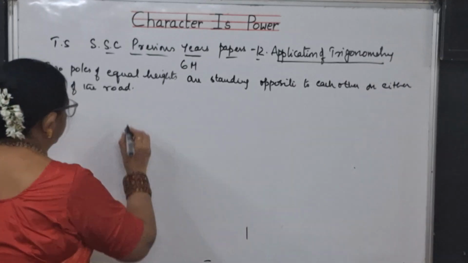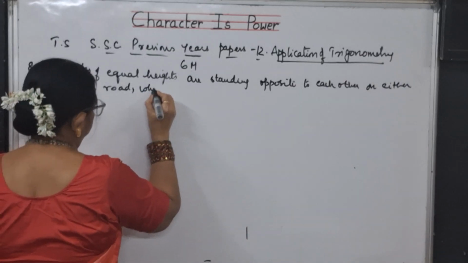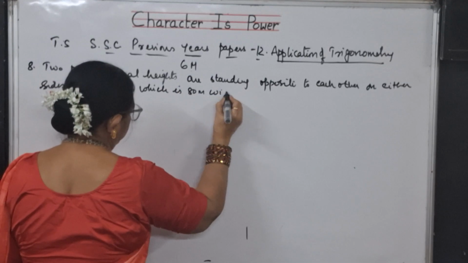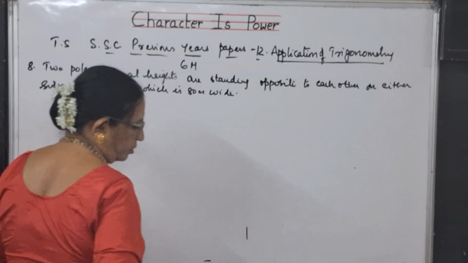Which is 80 meters wide. That means the width of the road is 80 meters.